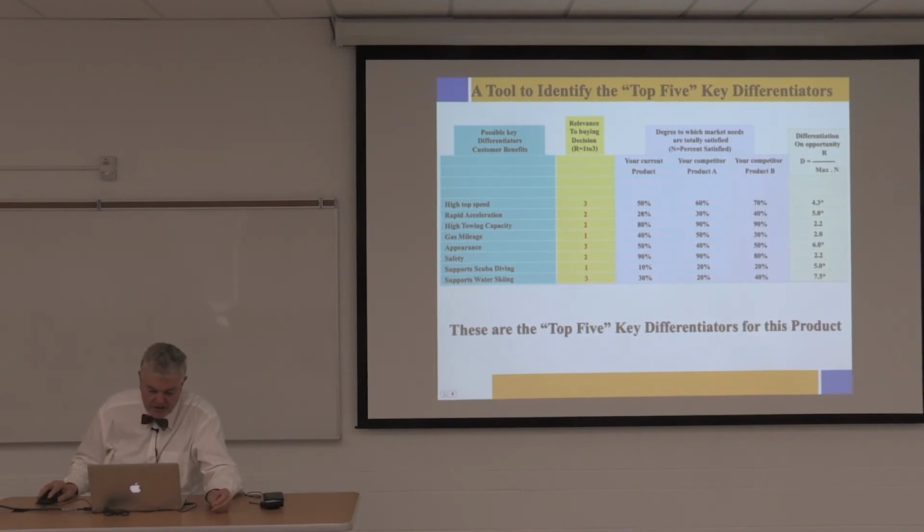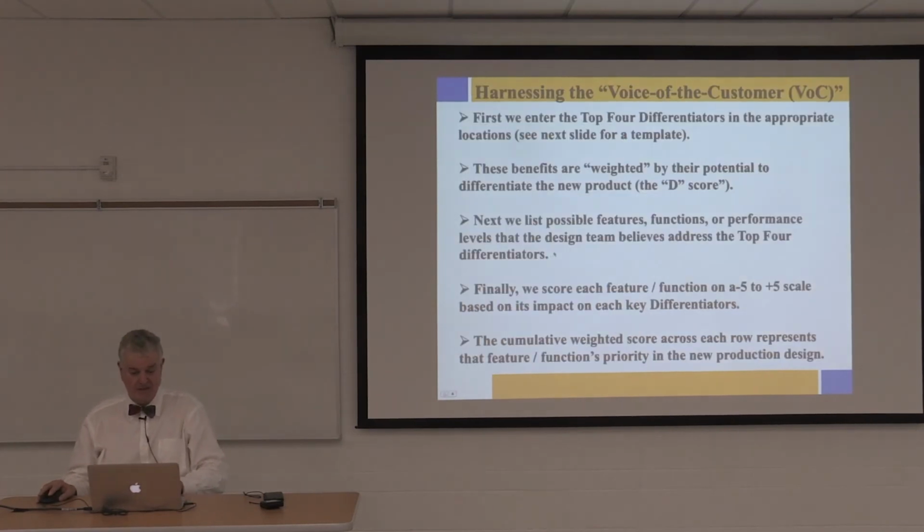So your current product, and then your competitor's product, where they fit, and then your competition product B, and then you can compare how you compare to them. Harnessing the voice of the customer, though, you've got to weight the different requirements of a customer, whether it's product performance or its cost or certain features of the product. We must have scuba diving capabilities on that boat.